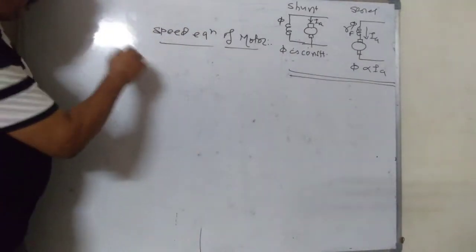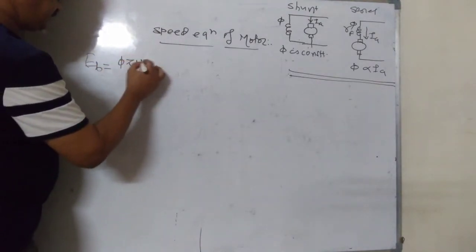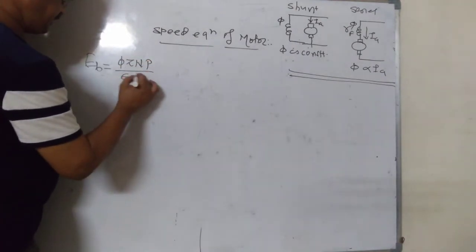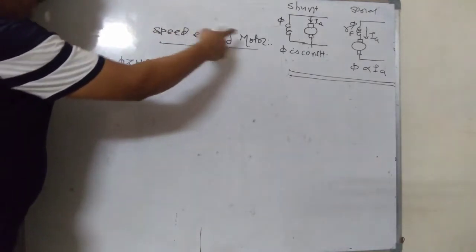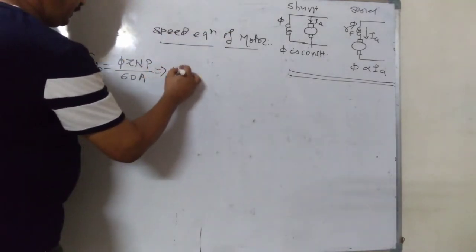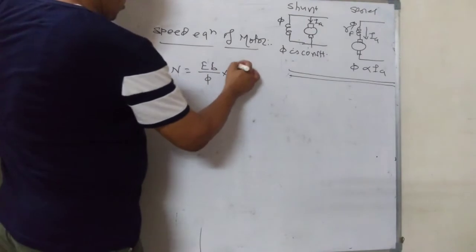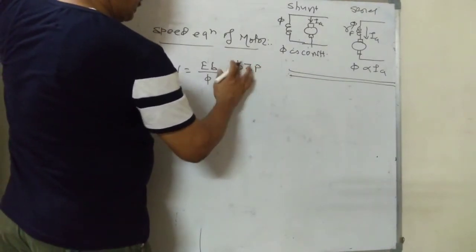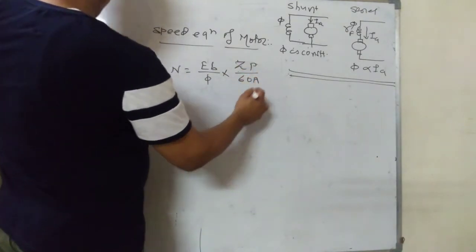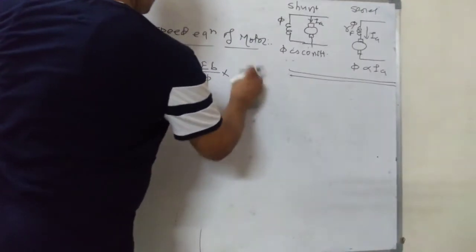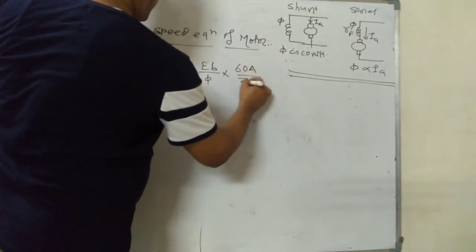Now, in the very first article of motor, we have studied that Eb is equal to phi Z N P upon 60A. So we derive the speed equation by cross multiplying. It gives you N is equal to Eb upon phi into A upon Z P upon 60.